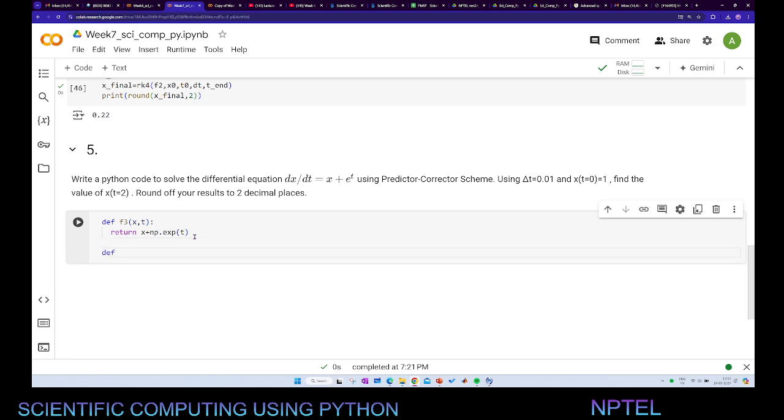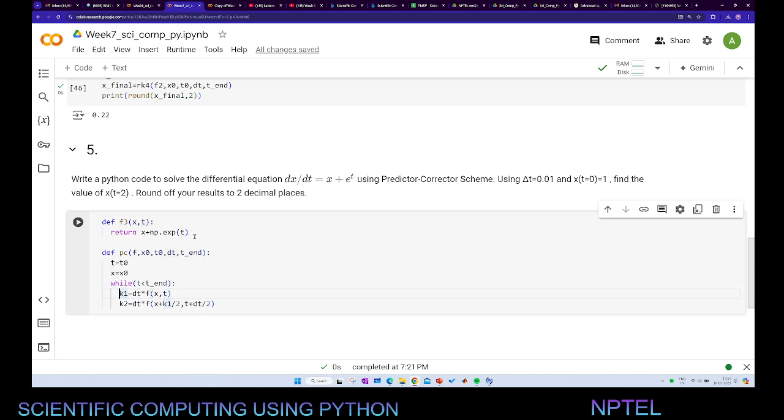Now define predictor pc, f comma, again x0 t0 dt and tn. T is equal to t0, x is equal to x0, the loop, and then we have two steps, right?